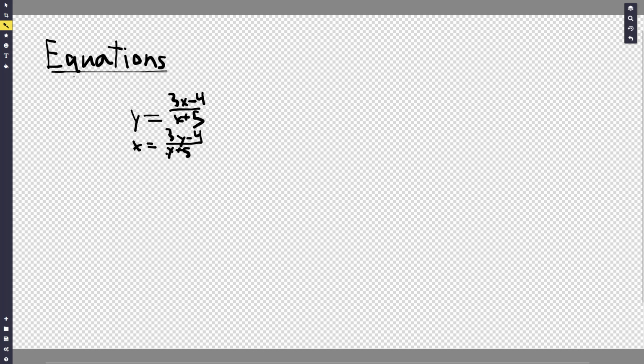And now we're just going to solve this like any other rational equation. We multiply by y plus 5, so these cancel out, and here we're left with xy plus 5x is equal to 3y minus 4.